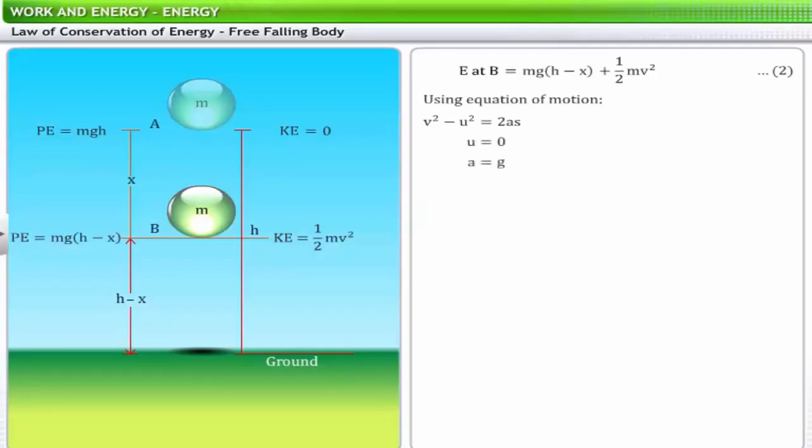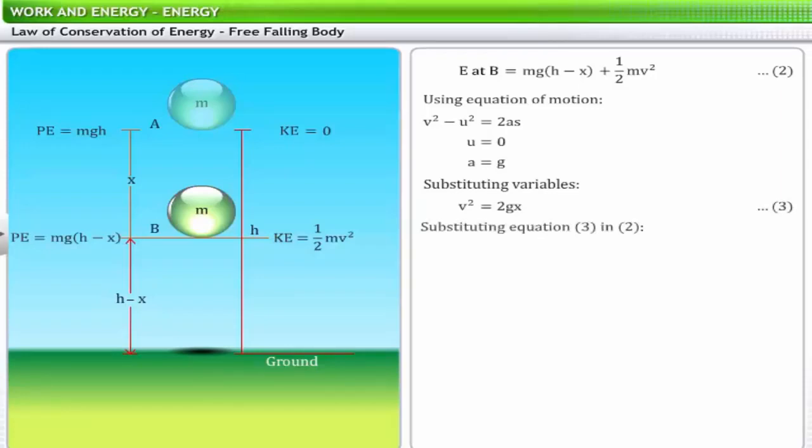The acceleration of a free-falling body is only due to gravity. Substituting the corresponding variables in the expression for final velocity and simplifying, you get the square of the final velocity of the body at B equals 2gx. Let this be equation 3.